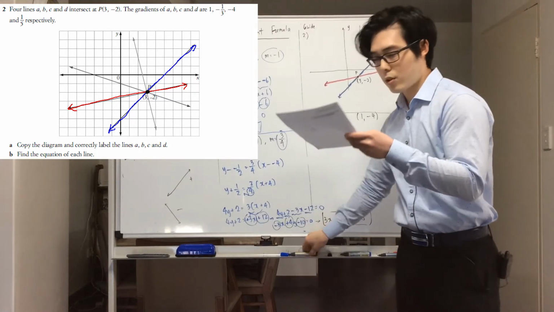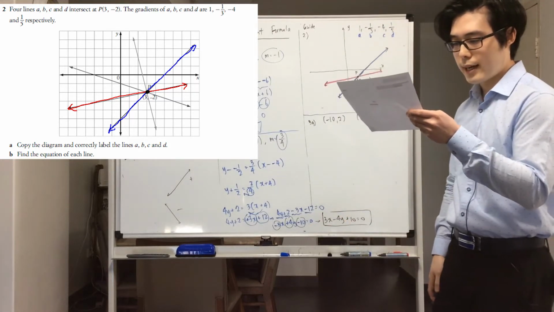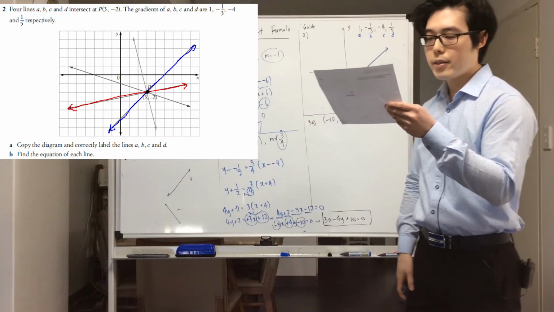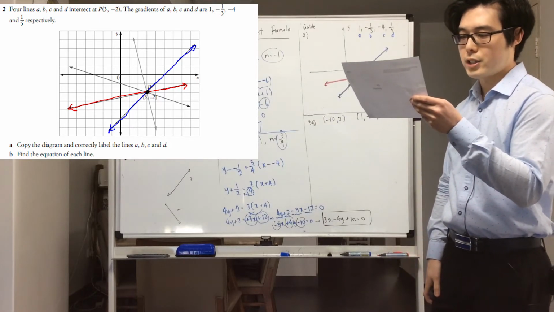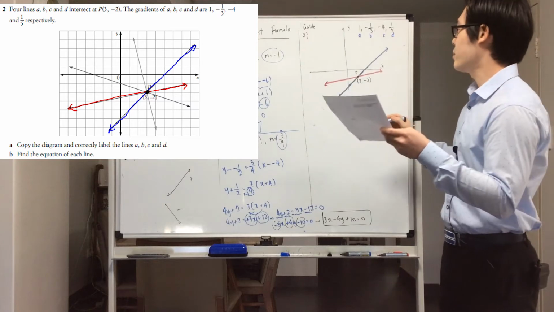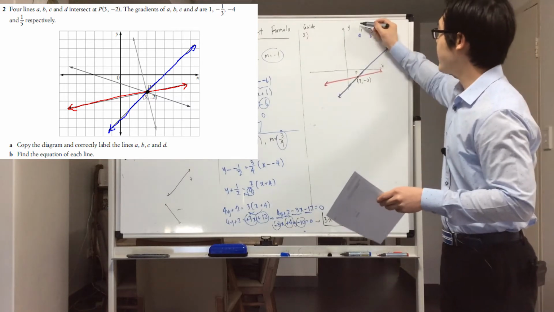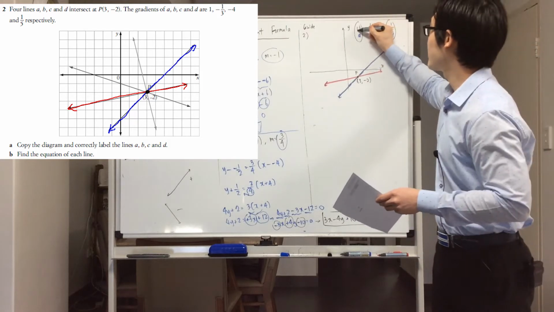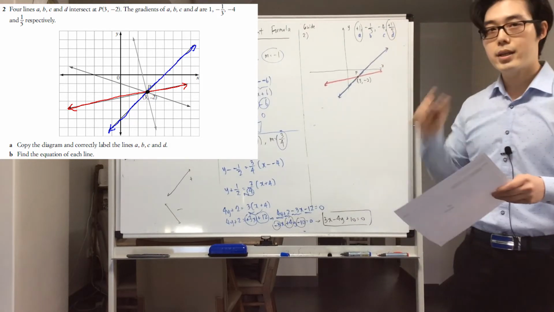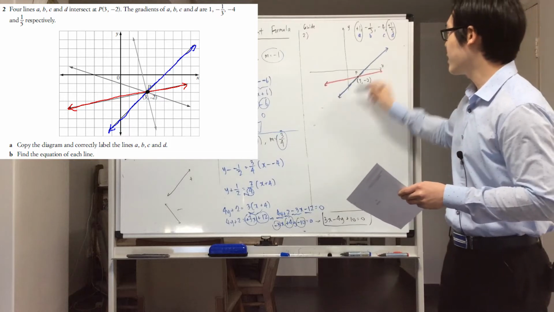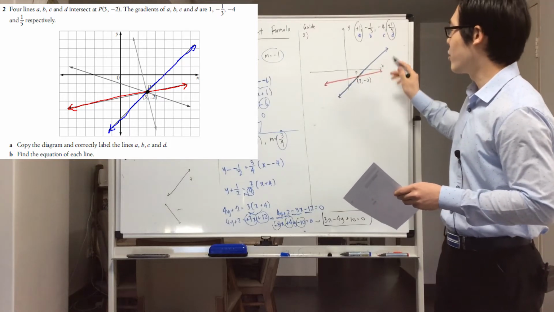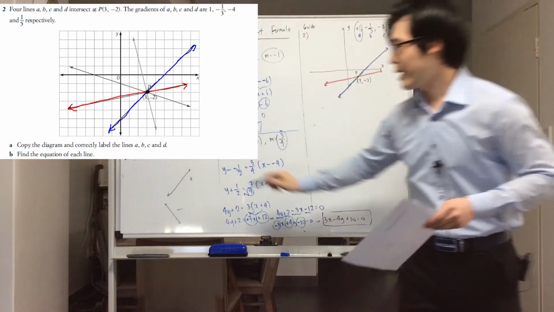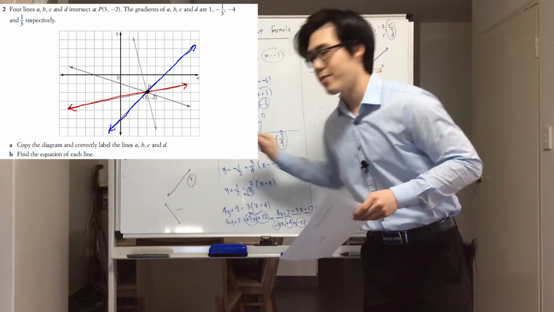Okay, so the question is, question 2b, find the equation of each line. Girls, what you need to know is, see how these two are the only two numbers that are positive? So that means from your diagram, these two lines are the only lines that have positive gradient. Notice how they both go that way, okay?